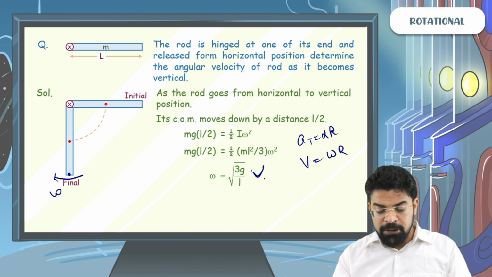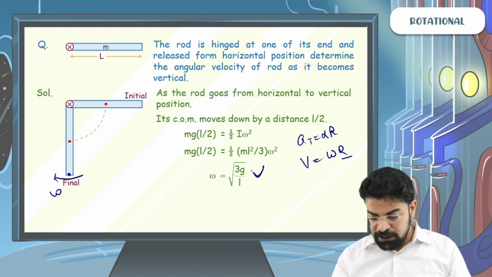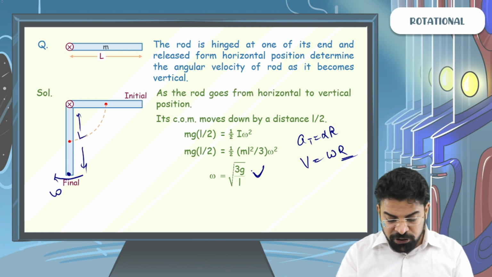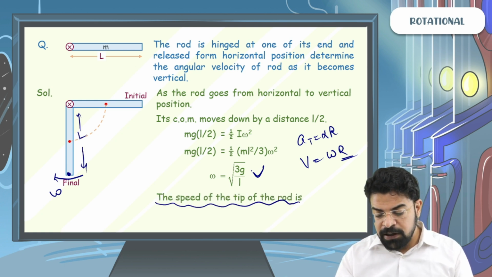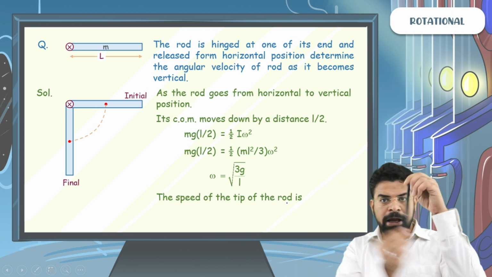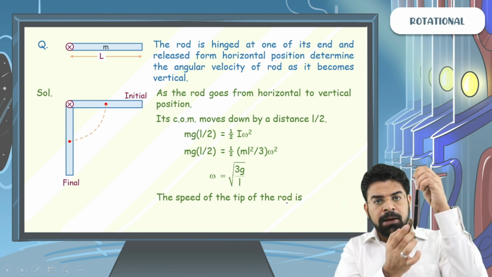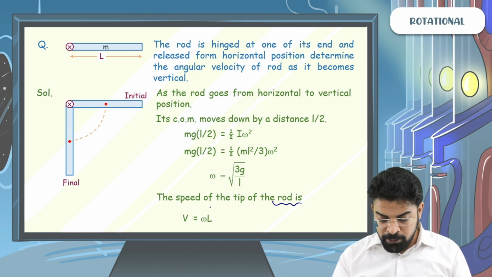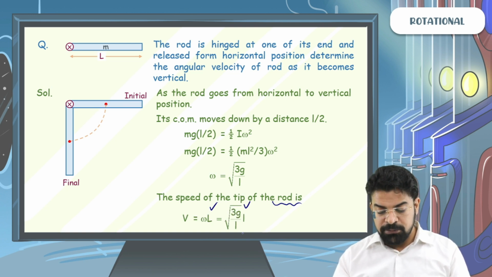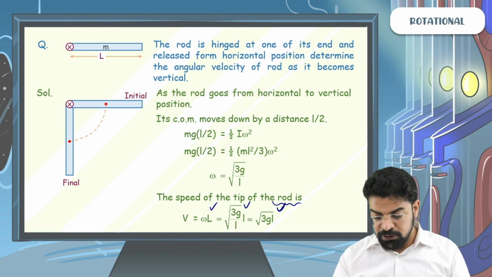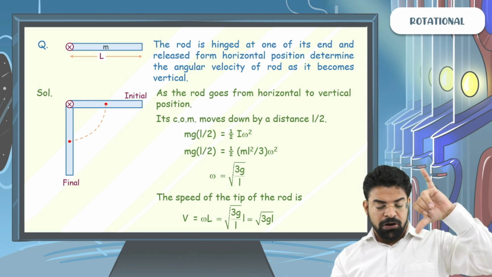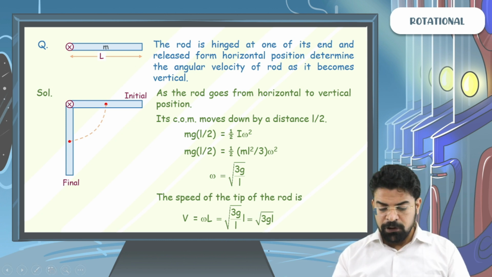So omega will be root 3g by L, and the distance of the end point from the hinge is L. Once you know omega, you can find the speed of the tip of the rod. The speed of the tip of the rod is nothing but omega into L, that is root 3g by L into L, which becomes root 3gL. So that will be the speed of the tip of the rod as the rod becomes vertical. So let's move on.